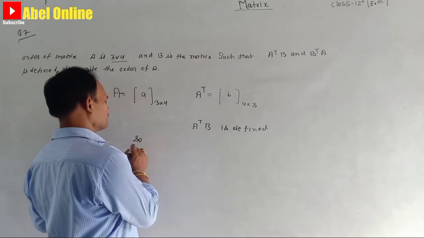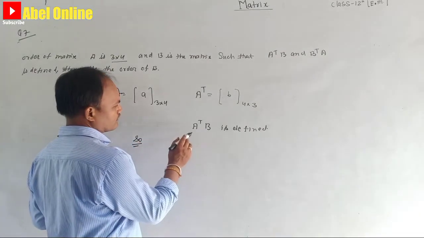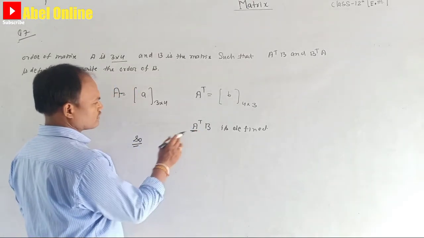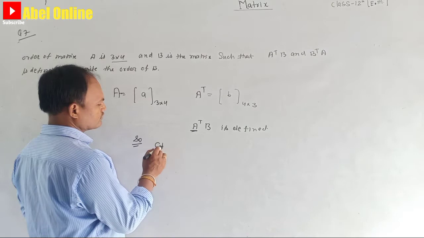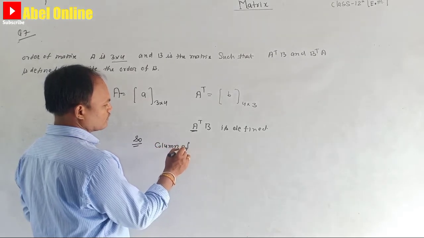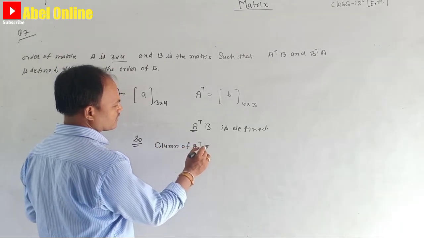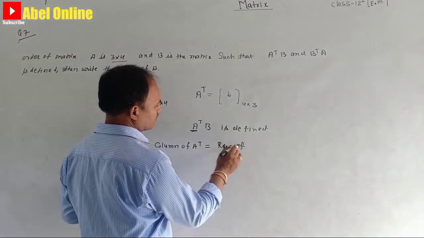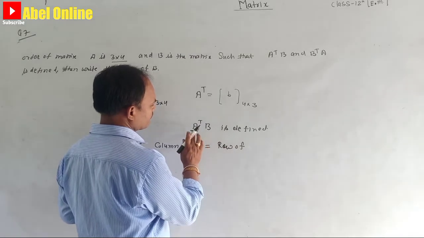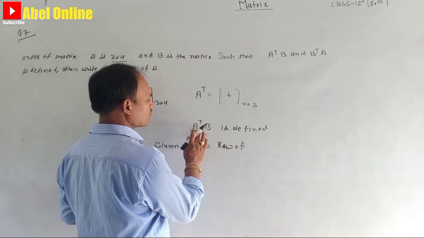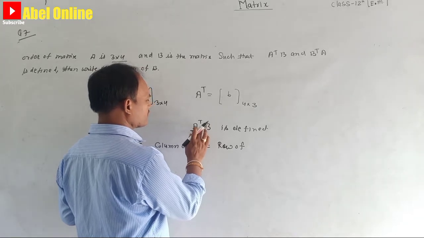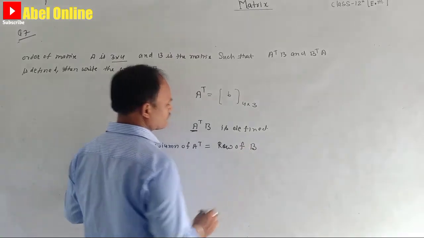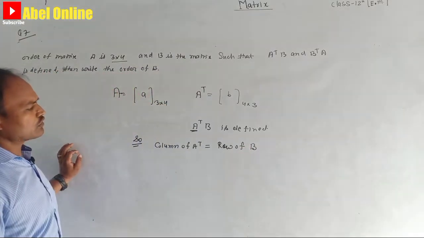So the column of A transpose is equal to the row of B. What is the column of A transpose?